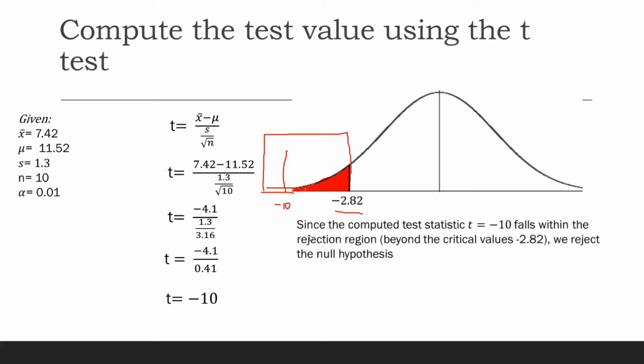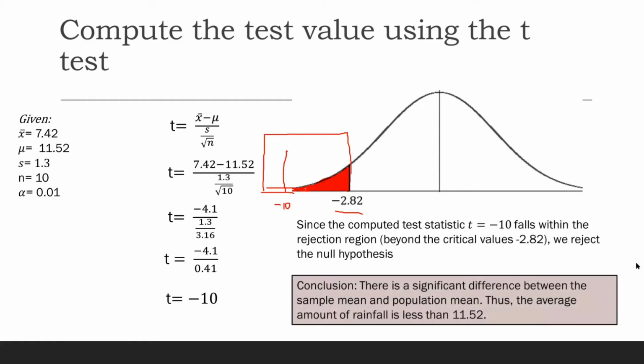So, since the computed test statistic is equal to negative 10, which fall within the rejection region, therefore, we reject the null hypothesis. So the conclusion is there is a significant difference between the sample mean and the population mean. Thus, the average amount of rainfall is less than 11.52.